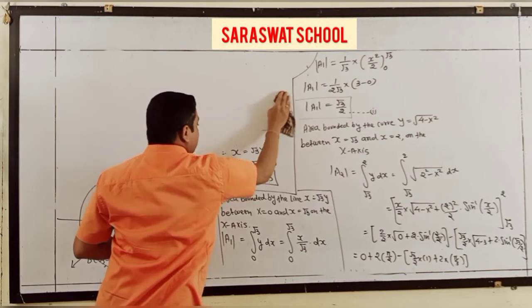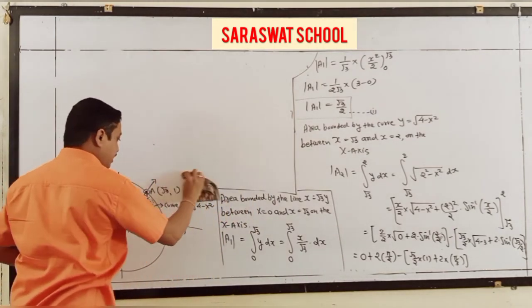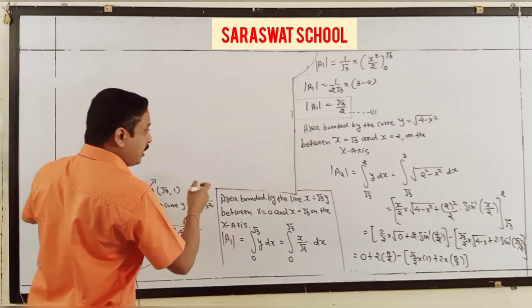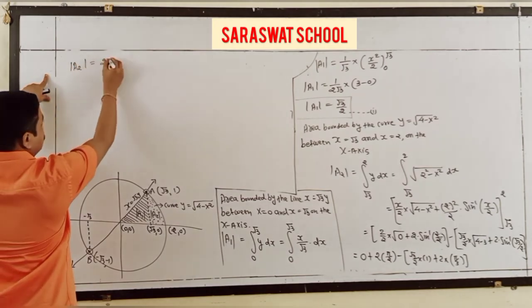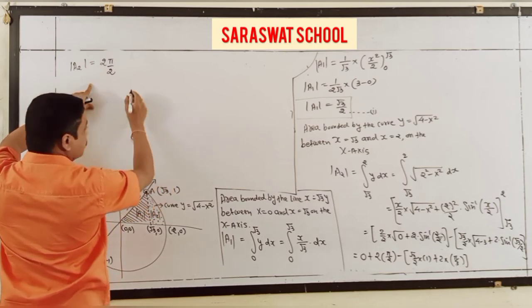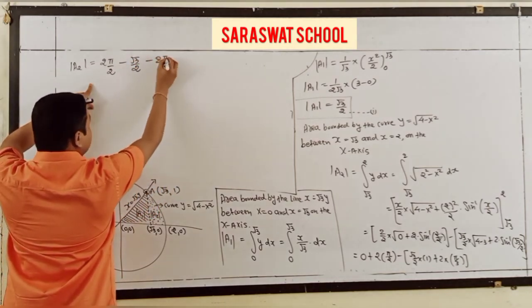And then I will show the final answer, the addition of A1 and A2, and you get your answer, students. So your A2 is 2 pi by 2 minus root 3 by 2 minus 2 pi by 3.